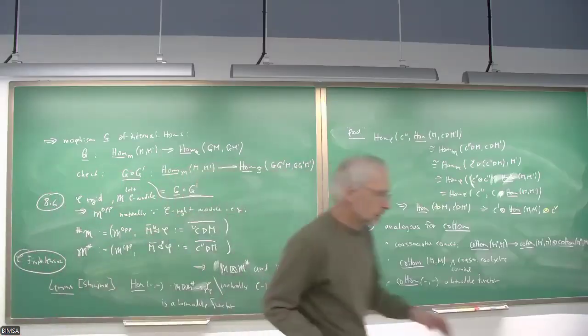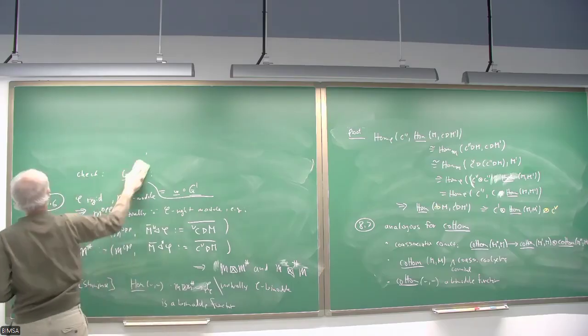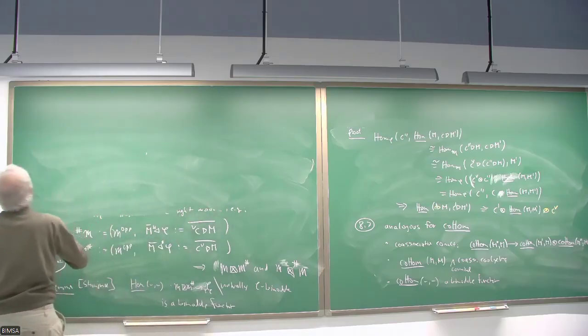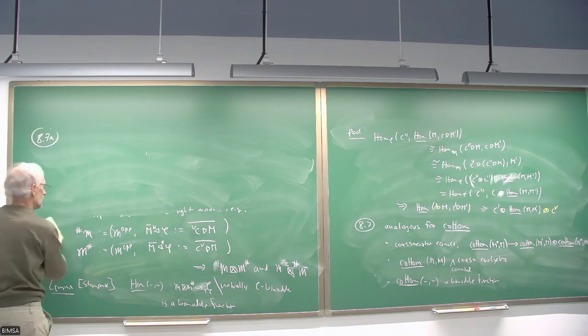And now my numbering changes a bit because I added this later. So after A6, there will be A7A and A7B.